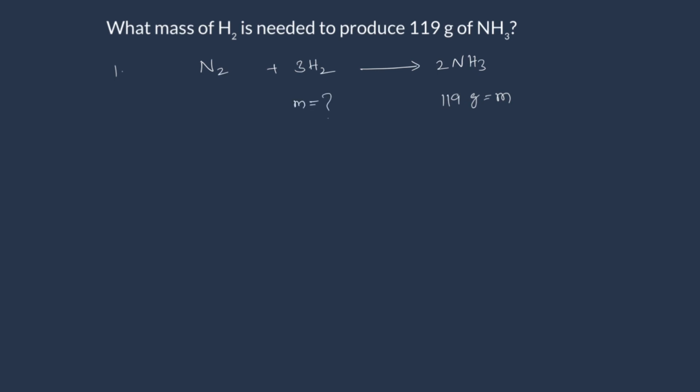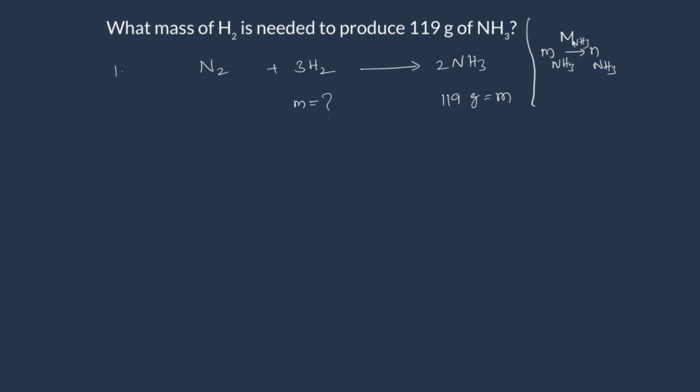Now they are asking what mass of hydrogen. Keep in mind, first the mass of ammonia is given, and that will be converted into moles of ammonia. For this the molar mass of ammonia is required.